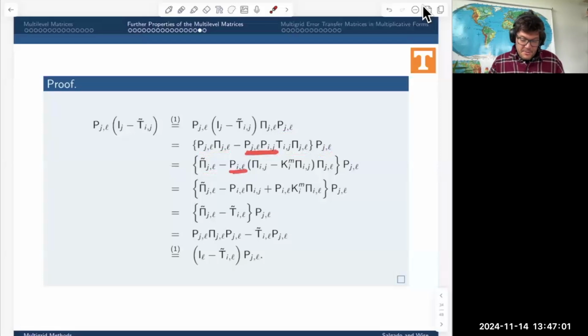If I multiply these two matrices, this says I'm going to take the prolongation from I up to J and then finally J up to L. So that's the same as the prolongation going from I all the way up to L. That was the definition of the multi-level prolongation matrices that we had at the very beginning. This is by definition of the T matrix, Tij matrix. That's all that. And then finally, pi JL matrix is here. And I've left this guy out in the end.